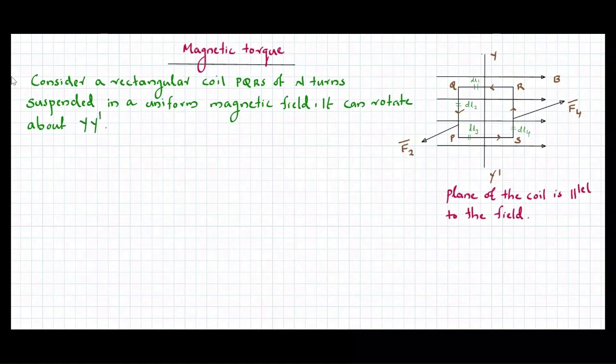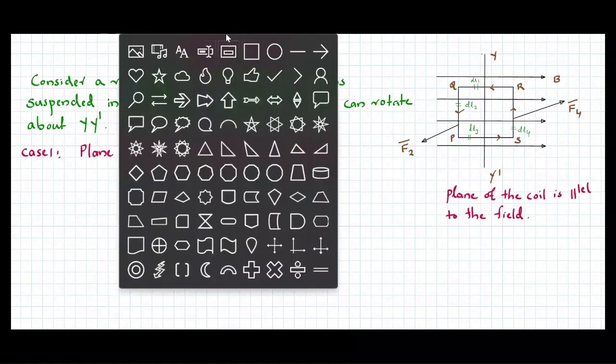The rectangular coil is named PQRS and you assume that it has n turns and carries a current I, flowing through the coil, suspended in a uniform magnetic field B. Now consider the case when the plane of the coil is parallel to the magnetic field.